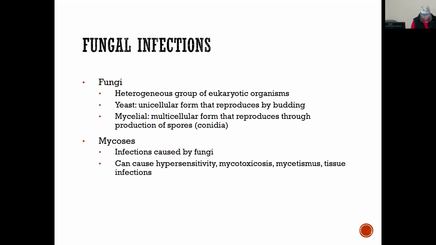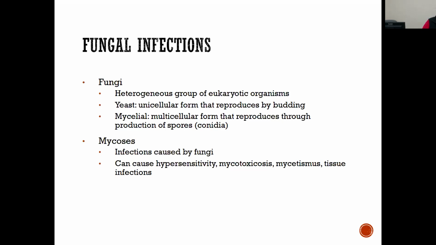What is different about fungi? What can they do? They can exist two different ways. Okay, some of them are dimorphic. Some of them can be yeast, and then they can turn over and form spores.